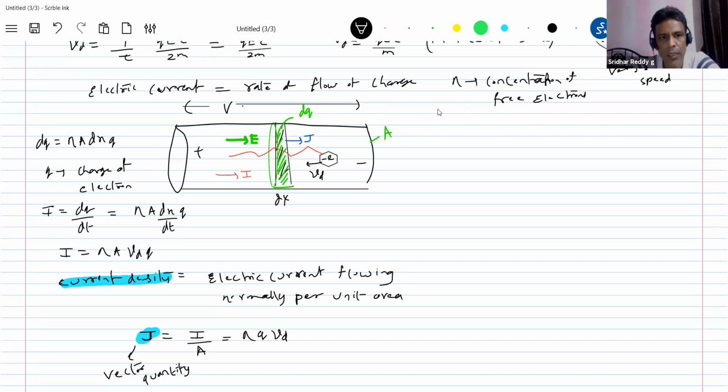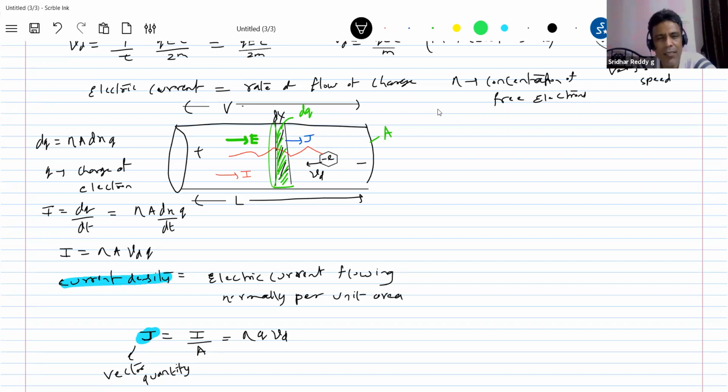This was positive, negative. Okay, fine, this is the expression for the current density here.